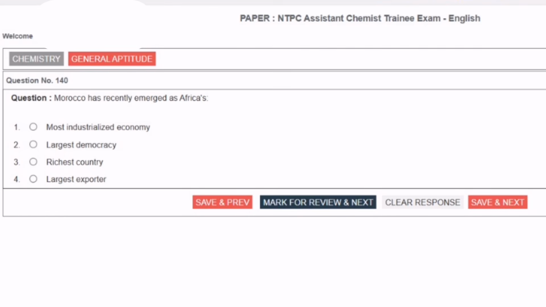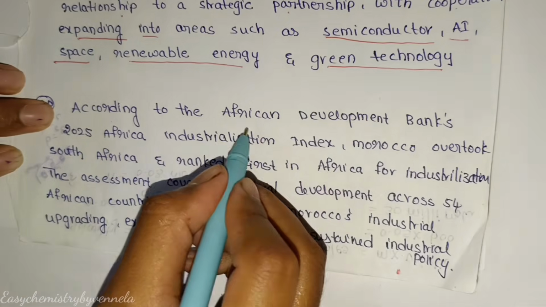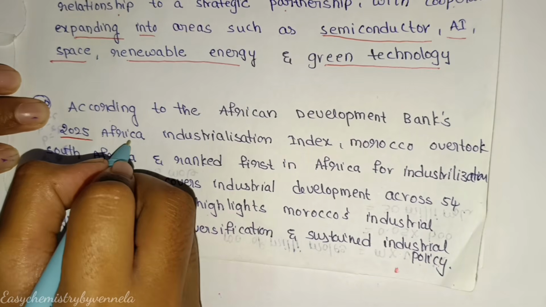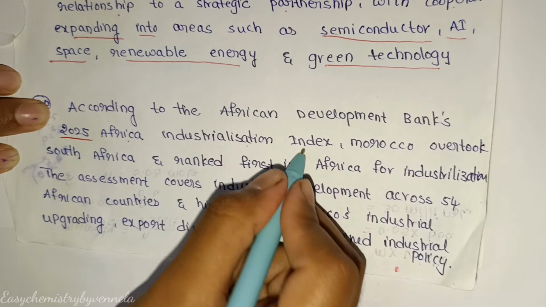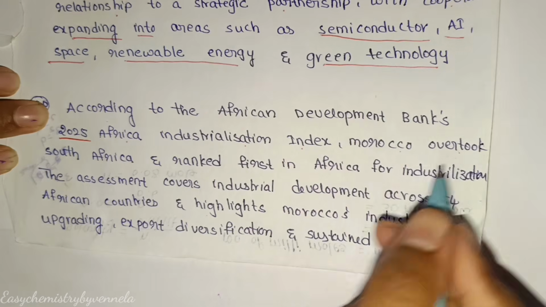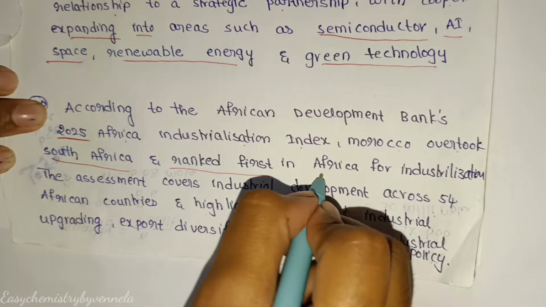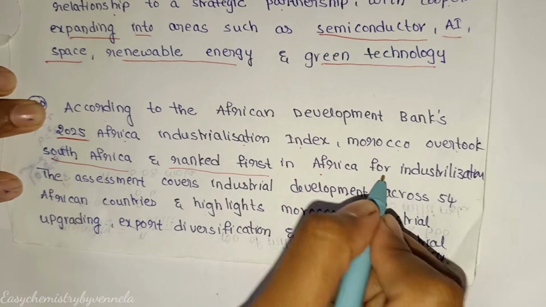Next question. Morocco has recently emerged as Africa's what, because it is the most industrialized economy, largest democracy, richest country, or largest exporter. According to the African Development Bank's 2025 Africa's Industrialization Index, Morocco overtook South Africa and ranked first in Africa for industrialization.